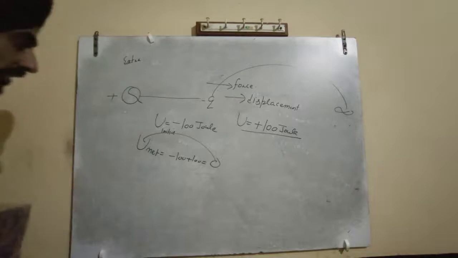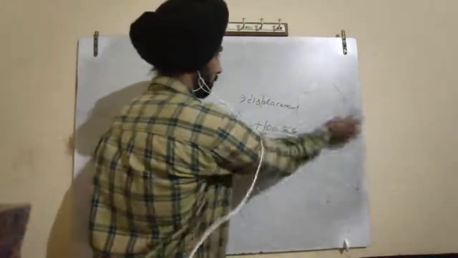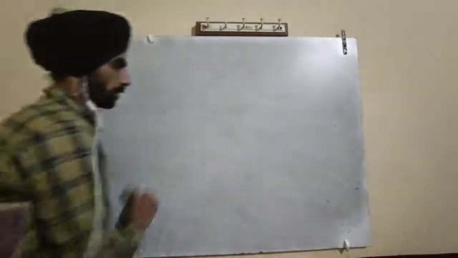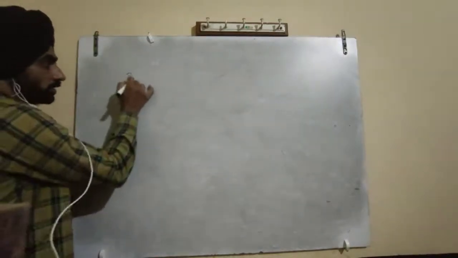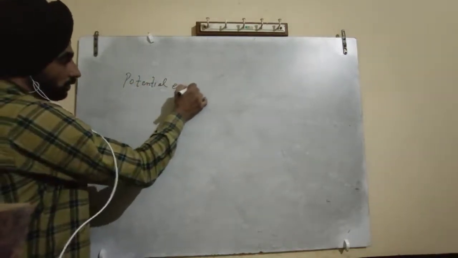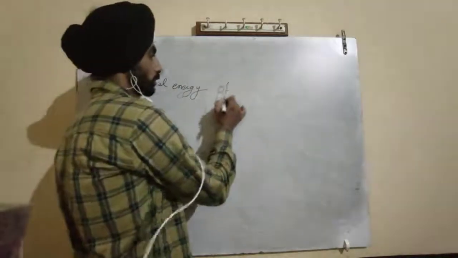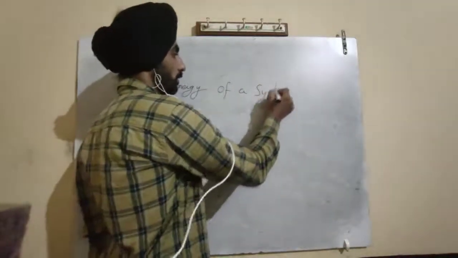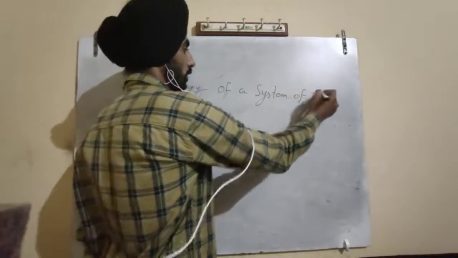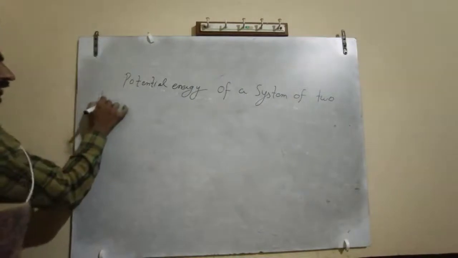बस एक लास्ट टॉपिक इज देयर and we will finish today's lecture. So concept says we are discussing the potential energy of a system of 2-point charges. We have discussed for 1-point charges, now we will discuss for 2-point charges.